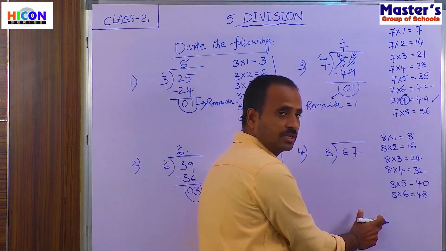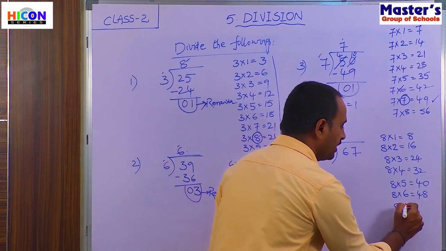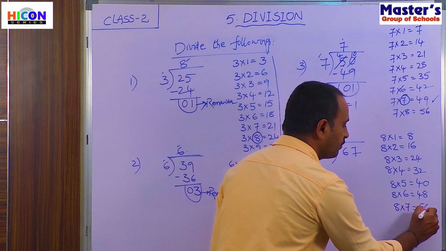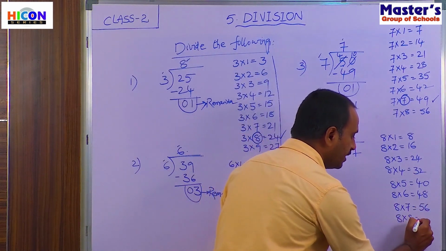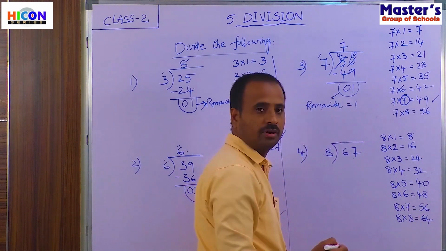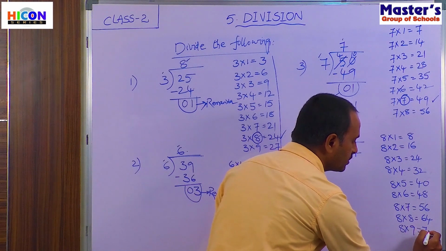So continue this until you get the number 67. So now take 7 times, 8 sevens are 56. So now take 8 times, 8 eights are 64. Take 9 times, 8 nines are 72.